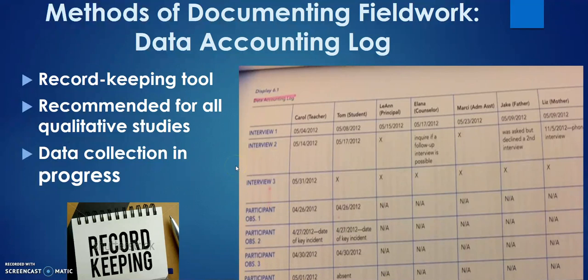In this example, the data accounting log lists the different contacts, the dates that they were contacted, and the type of contact. Was it an interview or was it an observation?